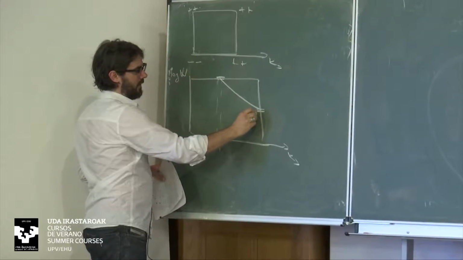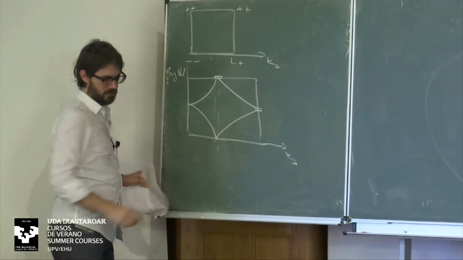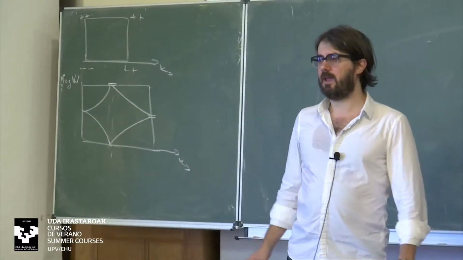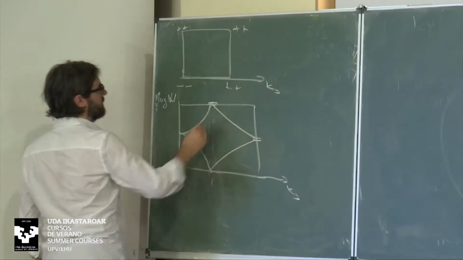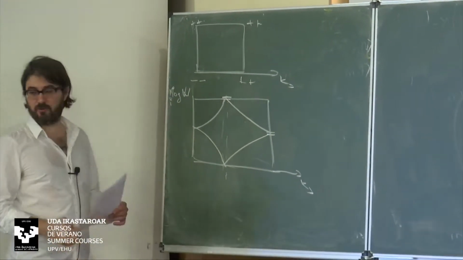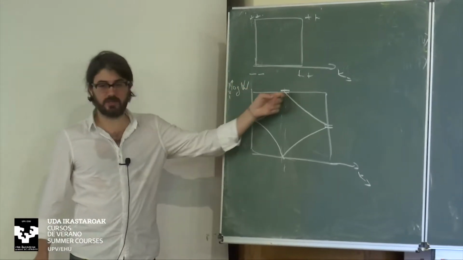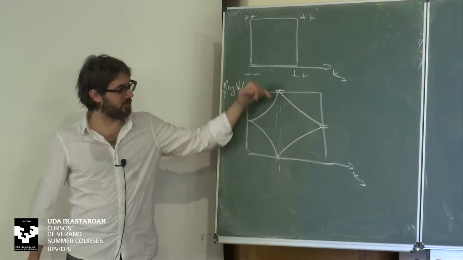And we wanted to look at the following flow. And then we said that if you add two bands to the system, so this was the flow, basically. Now you recognize that this flow is basically one Chern insulator with Chern number 1, and another Chern insulator with Chern number -1.